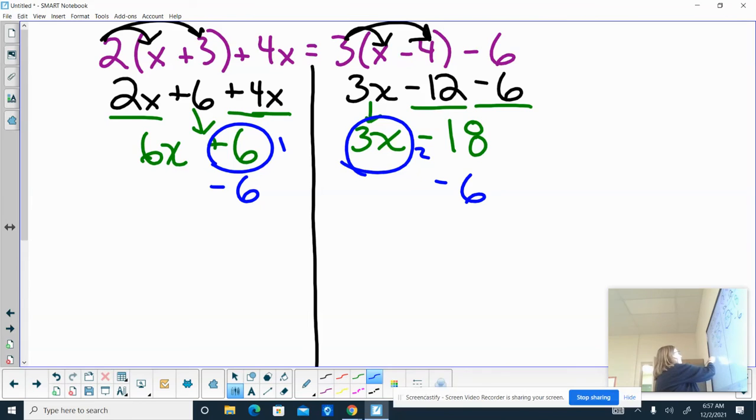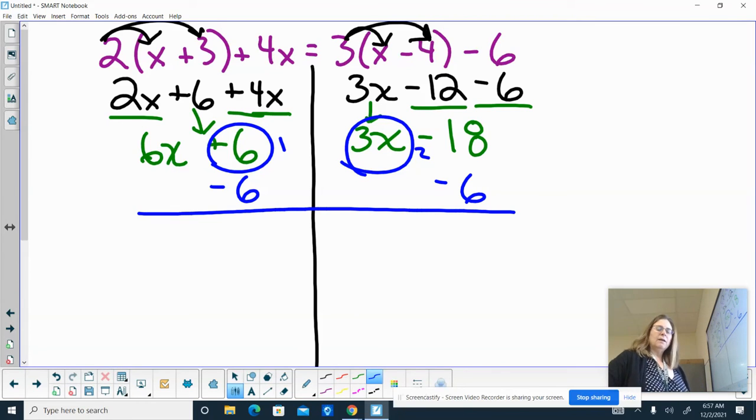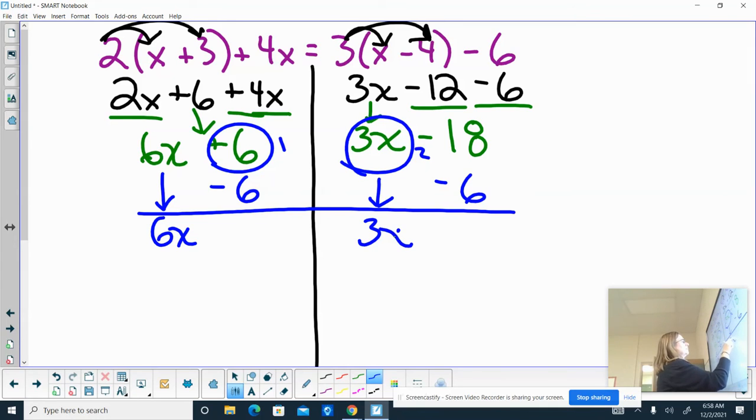I subtract it on the left, and I subtract it on the right. Bring down my 6x. Bring down my 3x. -18 minus 6 is -24.